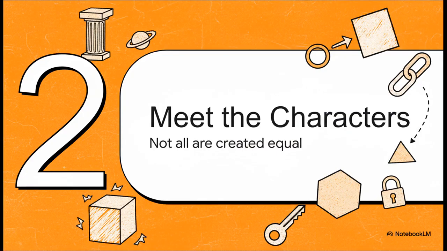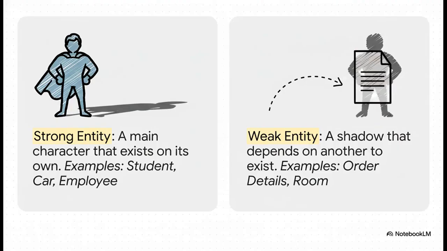So let's actually meet these characters, our entities, because, just like in any good movie or book, some characters are the stars of the show who can stand on their own, while others, well, they kind of depend on someone else to even be in the story. On one side, you have your strong entities. These are our main characters. A student, a car, an employee. They make sense all by themselves.